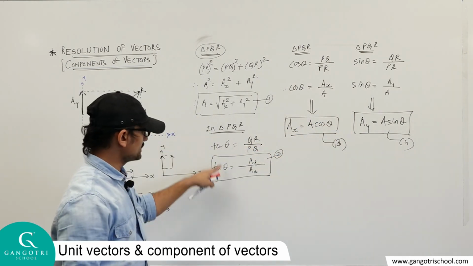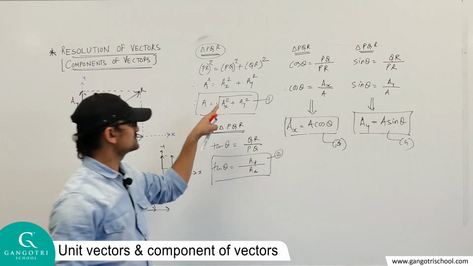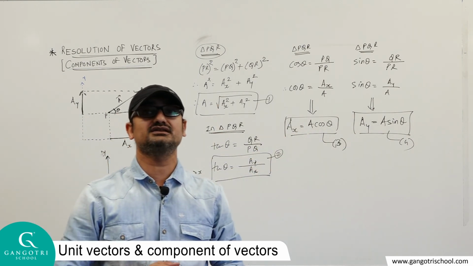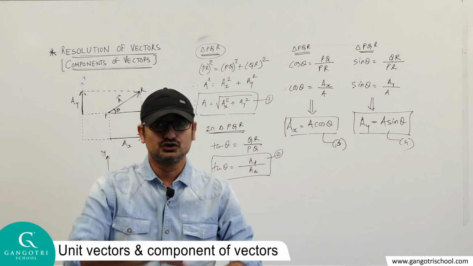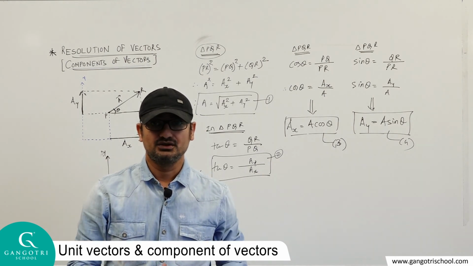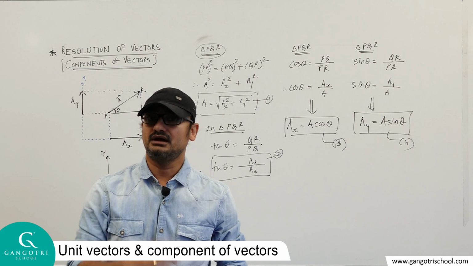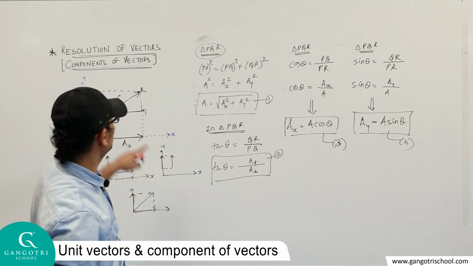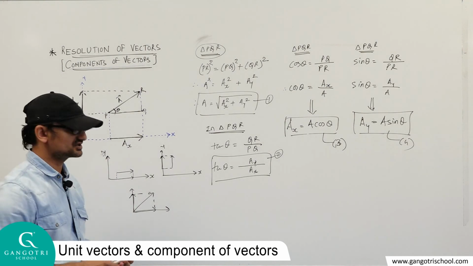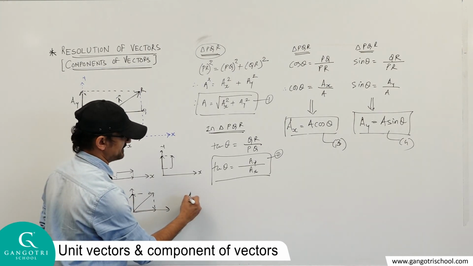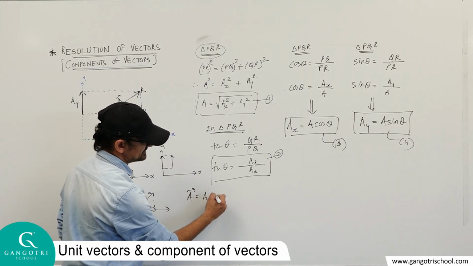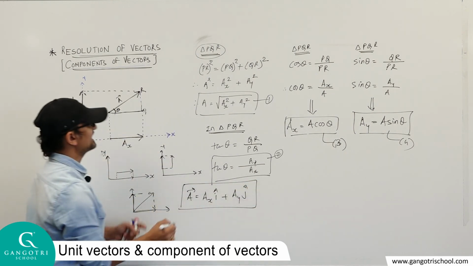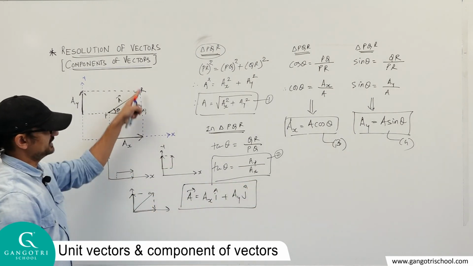Now, the use of these equations will be very clear once you start solving sums and MCQs. Whatever we studied so far will be clear after a few sums and a few MCQs. One more point. Right now this vector is in two dimensions, so it can be represented in this way: vector A equals AX i-cap plus AY j-cap, because it has two components, X component and Y component.